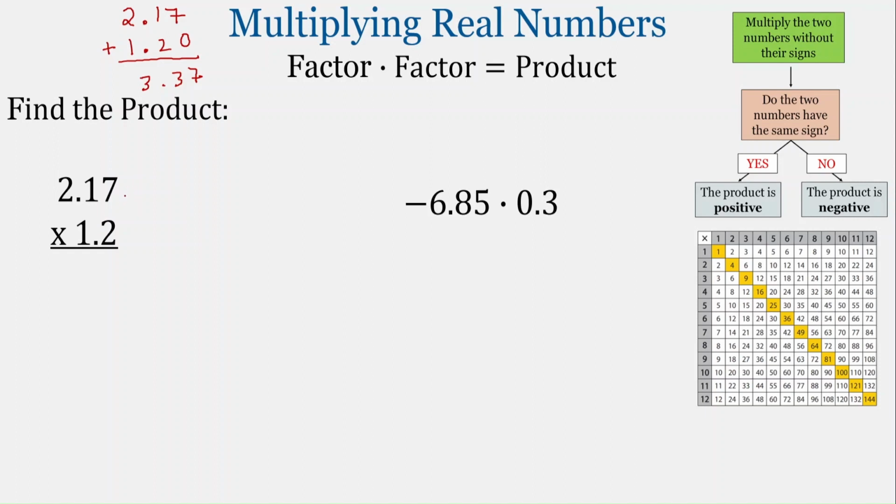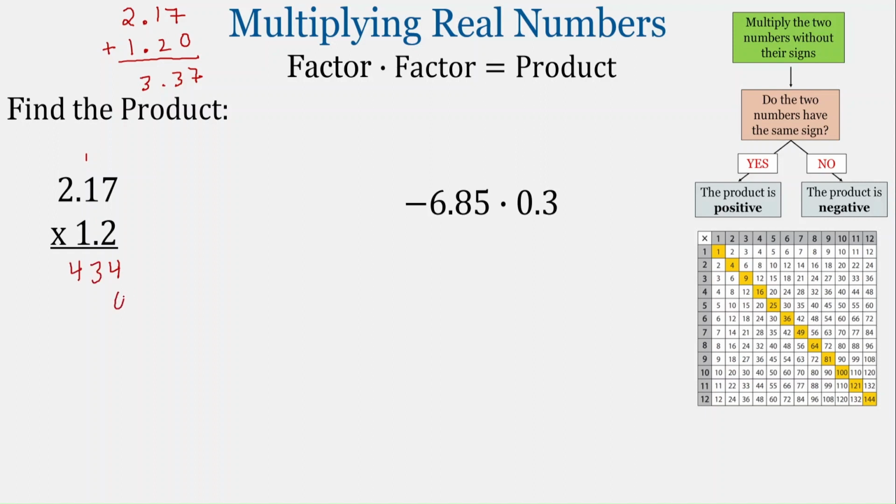The first step when we multiply these numbers with decimal points is we're going to actually ignore those decimal points at the start. And we're going to multiply this as if we are multiplying 217 times 12. So 2 times 7, that's 14. Bring over the 1, that's 2, 3, and then 4.